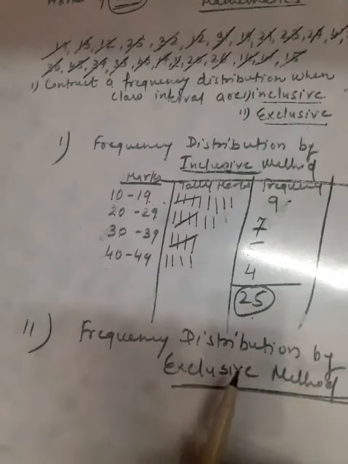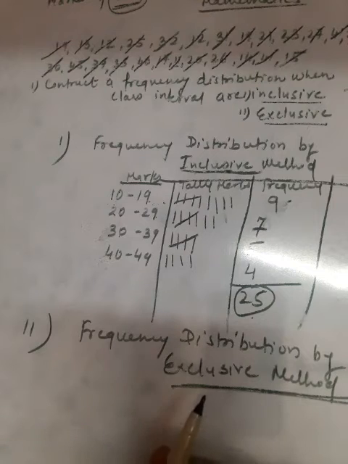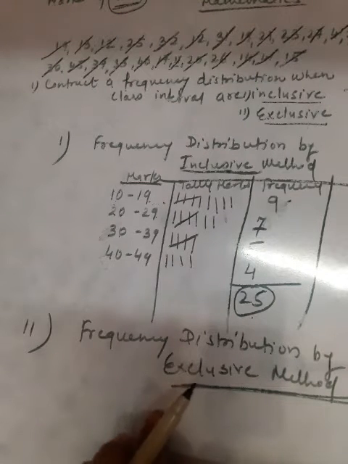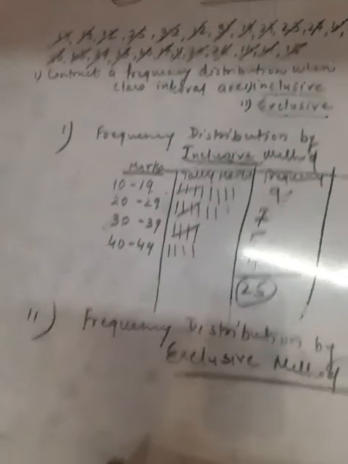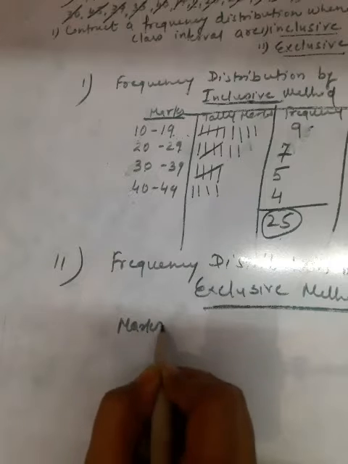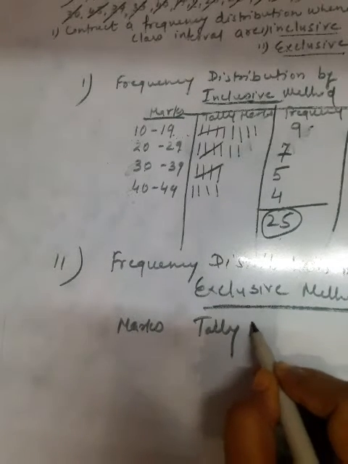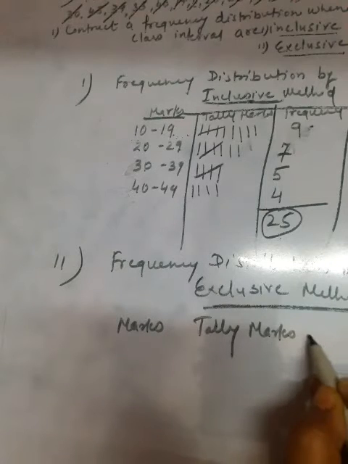In the exclusive method, the upper limit of a class interval is counted in the next immediate class. Here the upper limit of the class will be counted in the next immediate class. Of course, I will make a table: marks, tally marks, and frequency.